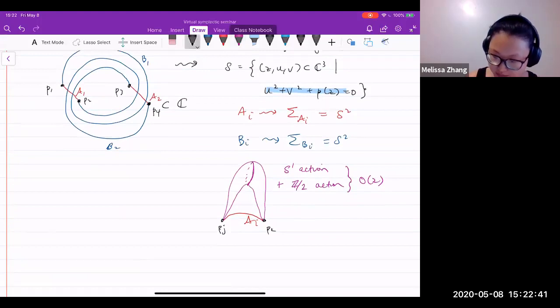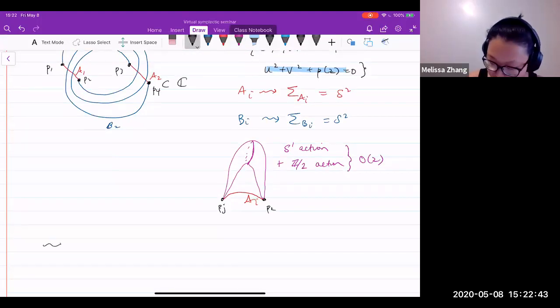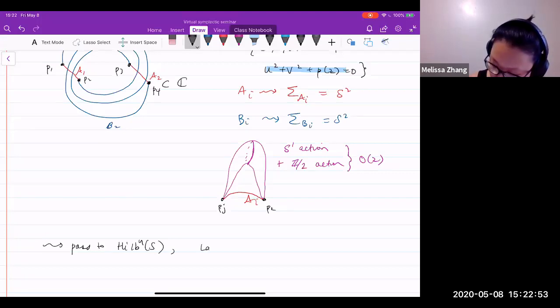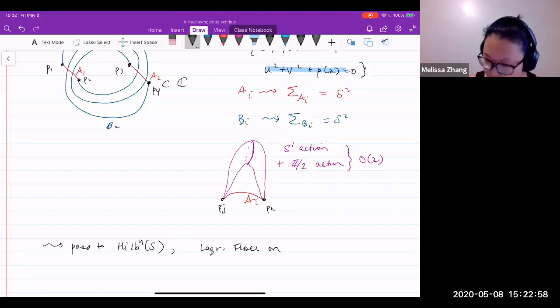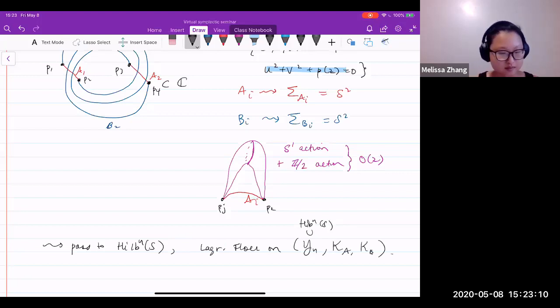So I'm going to very briefly write that down and just say you're going to pass to the Hilbert scheme, and then there's going to be some Floer theory. There's going to be some subset inside here, and then there's going to be two Lagrangians corresponding to the arcs.